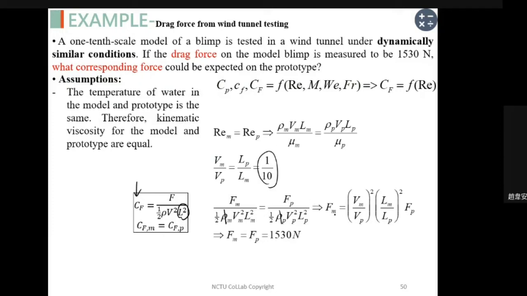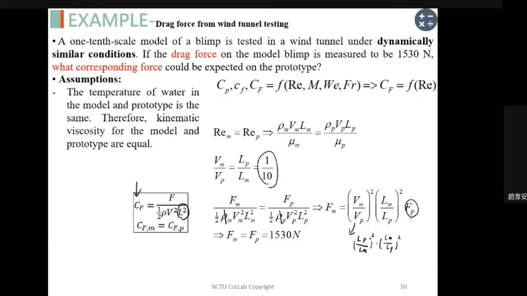The final formula is that the force in the model is equal to the square of the velocity ratio and the square of the diameter ratio, multiplied by the prototype force. If you replace the velocity ratio by the diameters, it becomes (LP divided by LM) squared multiplied by (LM divided by LP) squared.